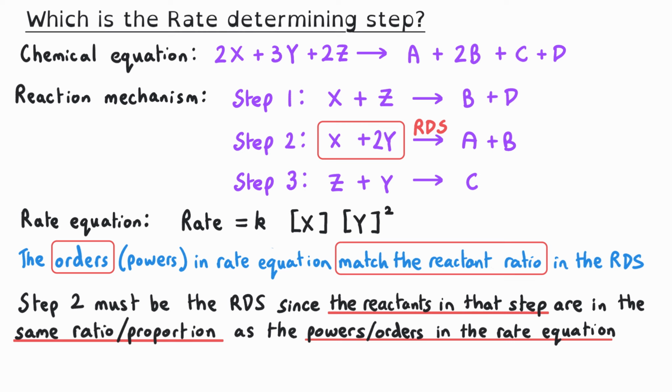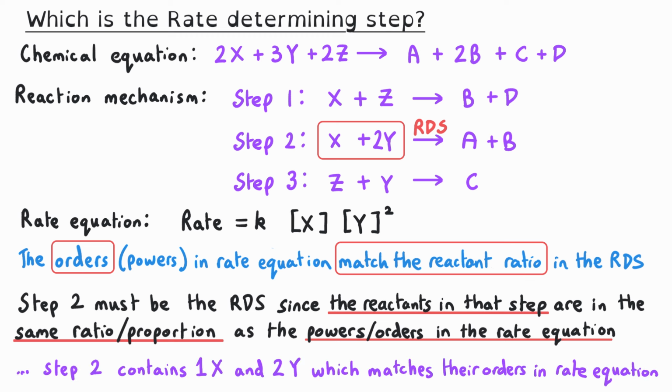Or you could personalize it to this situation and say X and Y appear in the same ratio as their orders in the rate equation. Or maybe even better, saying step 2 contains 1X and 2Y, which matches their orders in the rate equation.